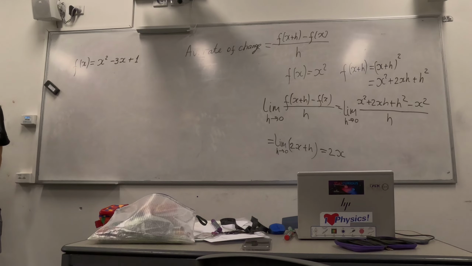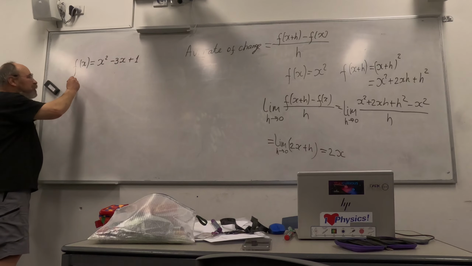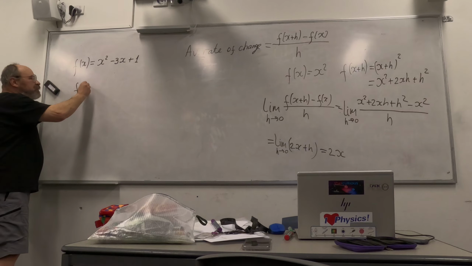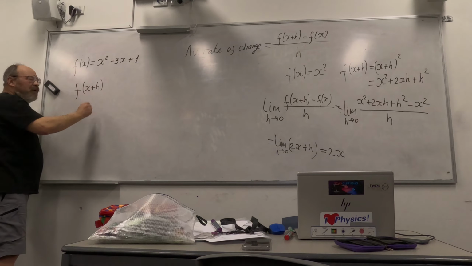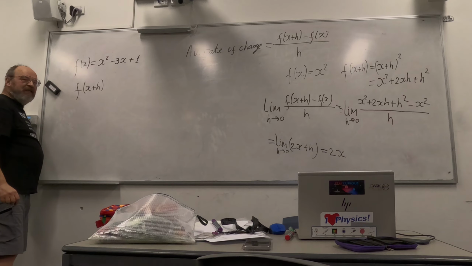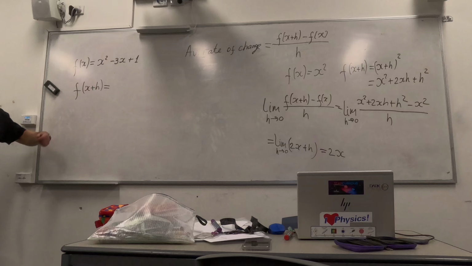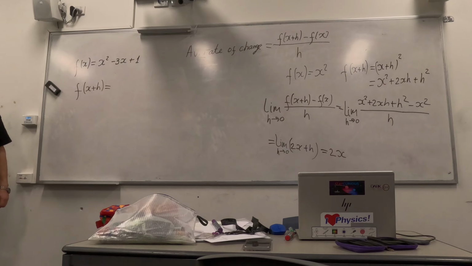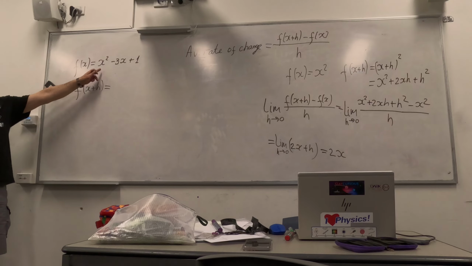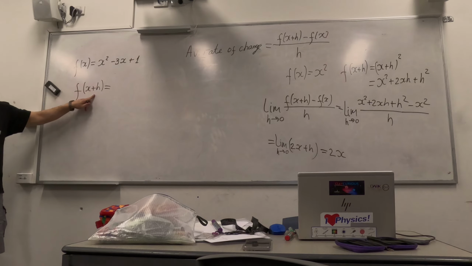Let's find f of x plus h. How should we do that? You remembered. I didn't expect that. X squared minus 3x plus 1. We substitute instead of x, what should we substitute? x plus h.